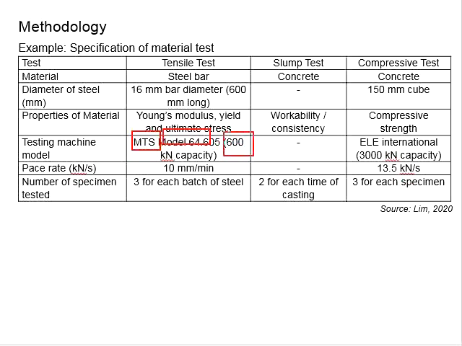model, as well as the capacity of the testing machine for the readers to have an idea how your tensile test was carried out. The capacity of the machine is very important, which in the ideal conditions should be slightly larger than the anticipated capacity of your samples.